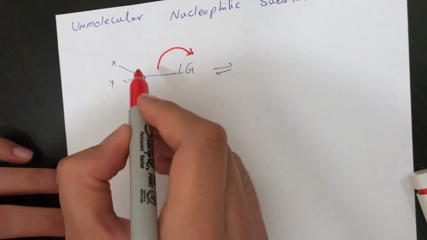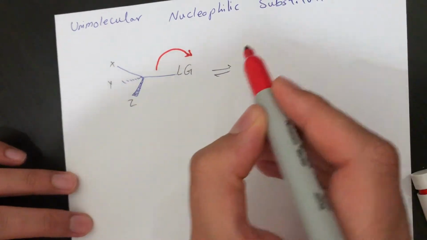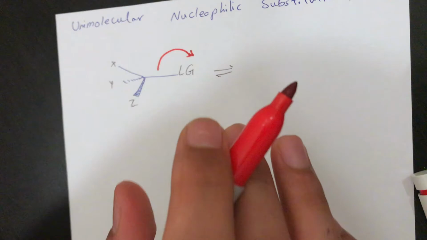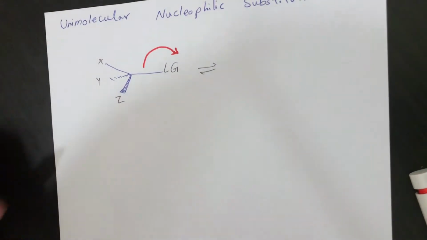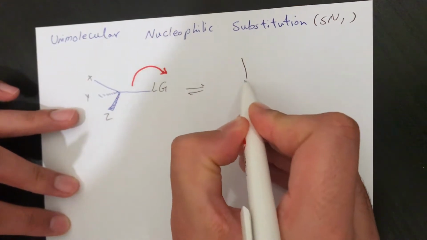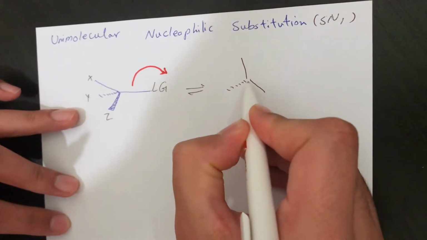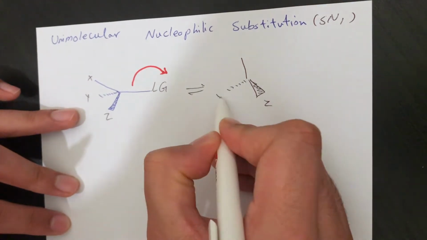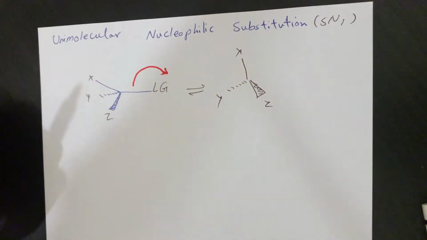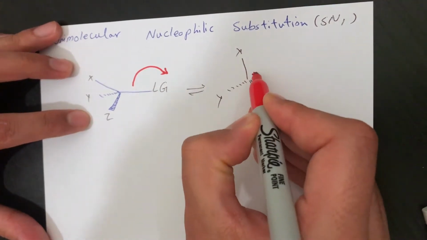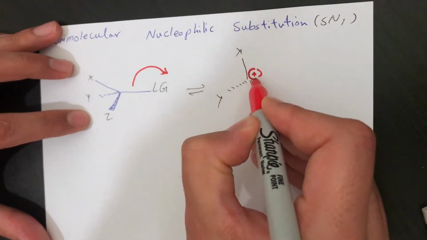So when it leaves, there is going to be a trigonal planar, flat, 120 degrees molecule, so we can draw this as ZYX. Because the leaving group left, we have got a positive charge here.